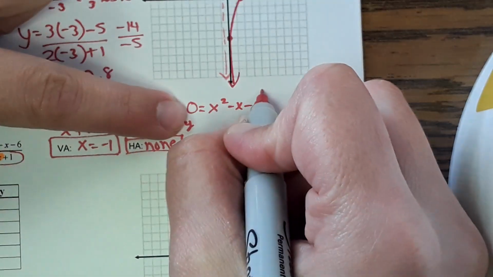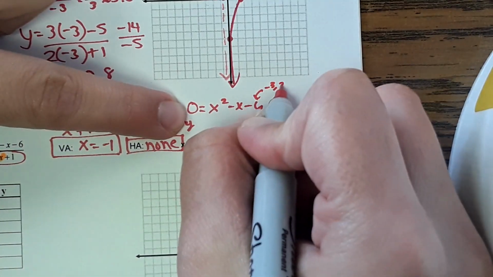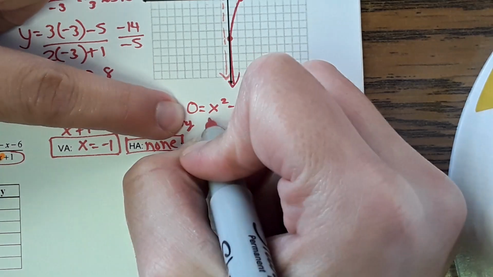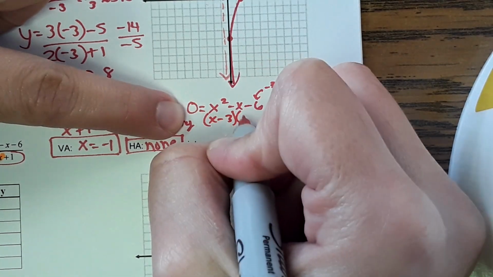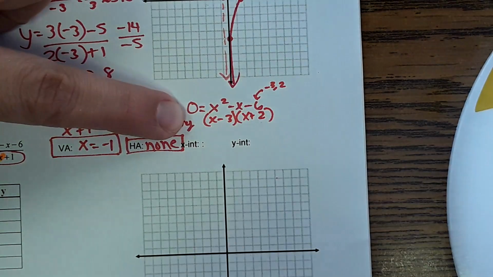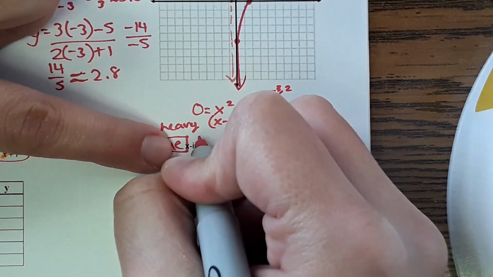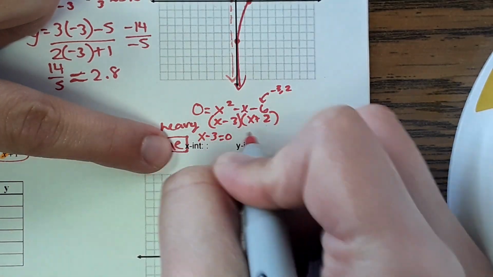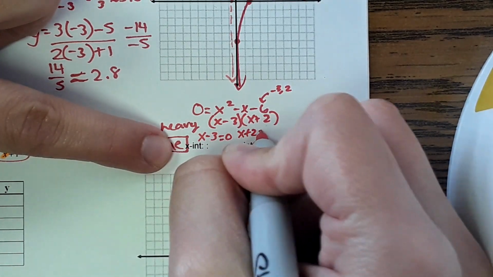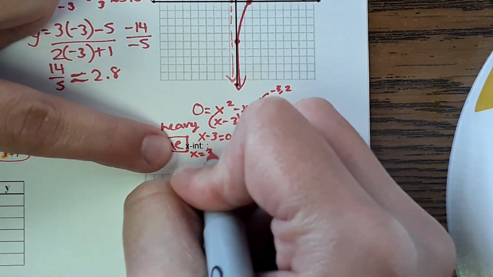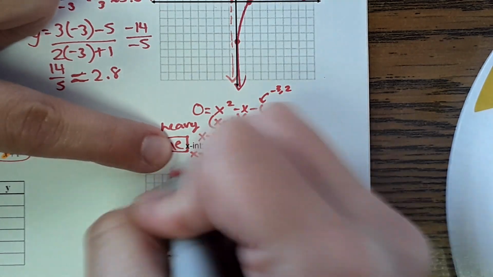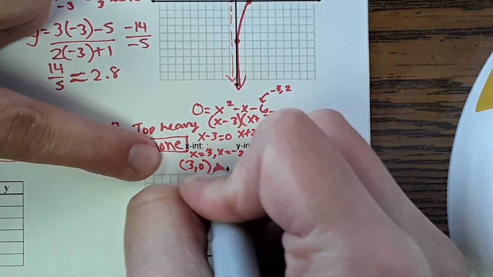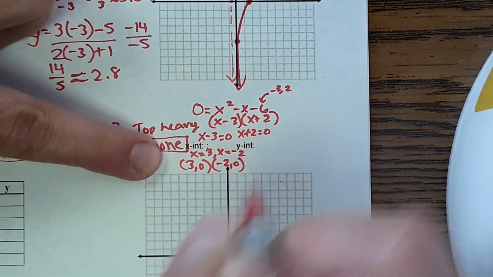So to factor this, -3 and 2, when multiplied give this, add to this. So x minus 3, x plus 2. Put these both equal to 0. And you get x equals 3, x equals -2. So your coordinates 3, 0, and -2, 0.